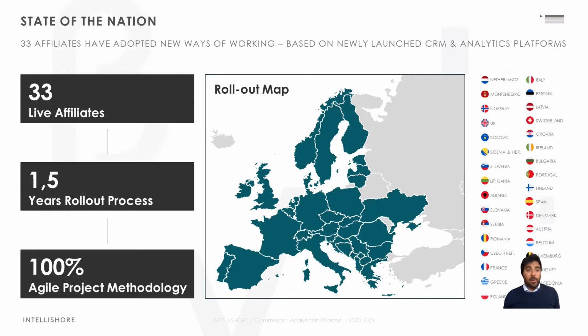It's been a 1.5 year project, where we've done a sequential rollout across different groupings of markets, so into clusters. The way that we've rolled out has been using the agile project methodology. So we've utilized many different agile artifacts to guide the implementations and rollout.